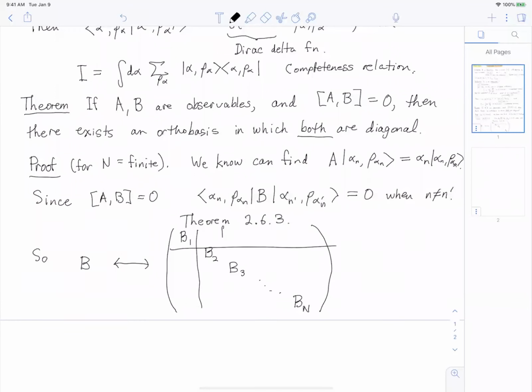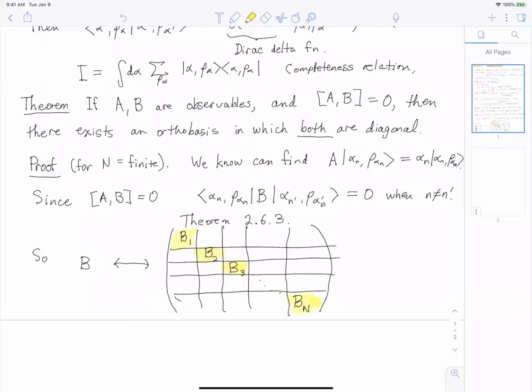I'm dividing this matrix up into blocks, and the non-zero entries are just the shaded blocks. These are the subspaces with the same α_n eigenvalues.